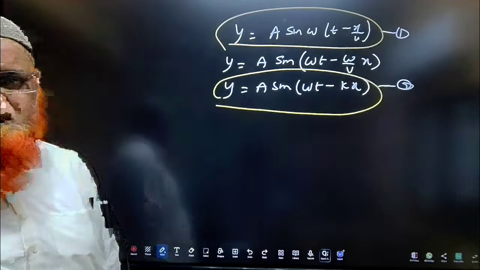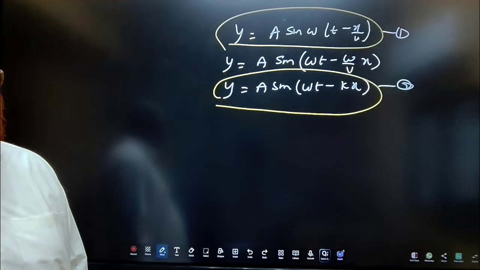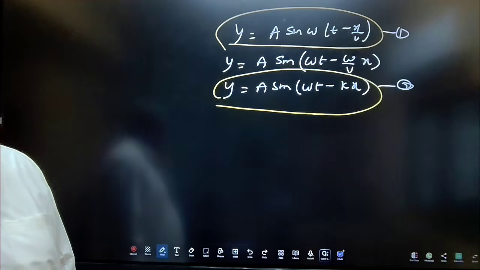Hope you understand what I am saying. This is the wave equation. This is going to be the wave equation. Hope you understand. Is it?